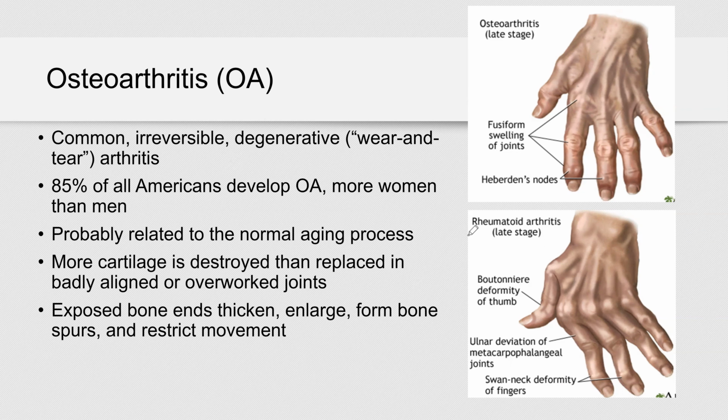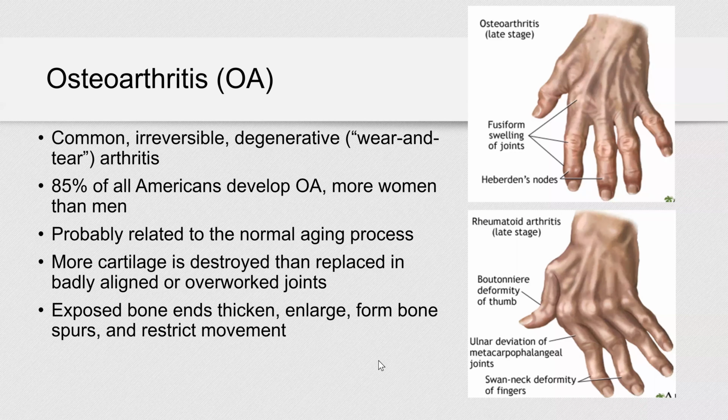Now, rheumatoid arthritis is shown here in the late stage. By the way, this is osteoarthritis in the late stage as well. Taking into consideration it's an older person, it looks almost okay, right? But this is really messed up.